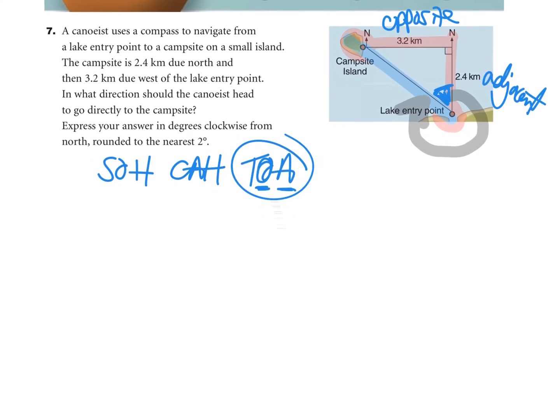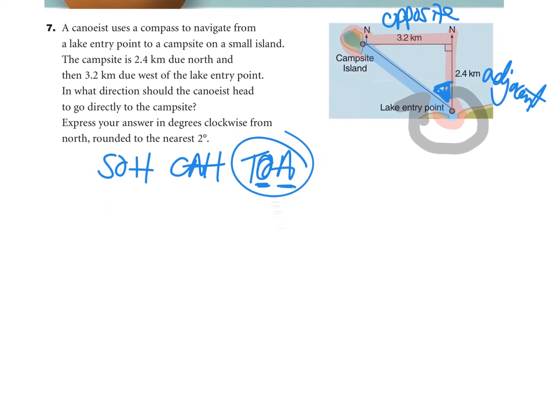So let's set up our proportion here and our fraction. It's a ratio that involves fractions. So this is a proportion, and then we're going to solve for this unknown angle. And then we have to subtract it from 360, because when they're talking about orientation angles, it's always expressed clockwise from the north. So let's begin. Let's call this internal angle x.